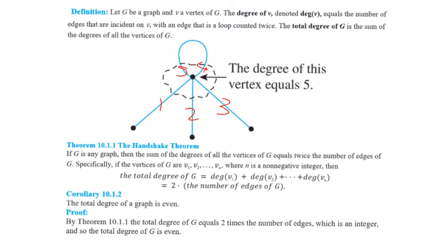So there's a very interesting theorem called the handshake theorem, which basically finds the total degree of a graph.